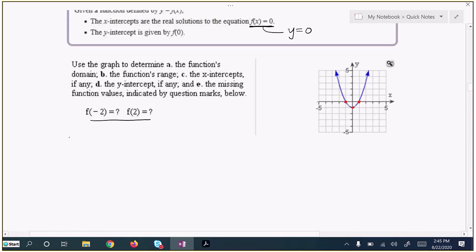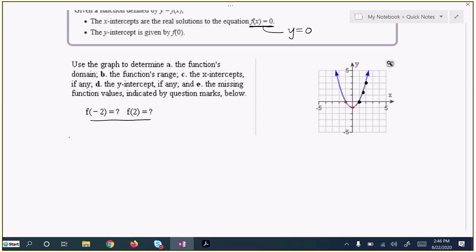So the question is, for every x, is there exactly one y? And it looks like that should be true. So for this x I get a y, for this x I get a y, exactly 1. So this is a function.